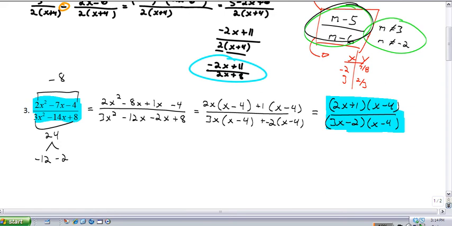That leaves us 2x plus 1 over 3x minus 2, so long as x doesn't equal 4. So this guy is equivalent to this guy as long as x doesn't equal 4.